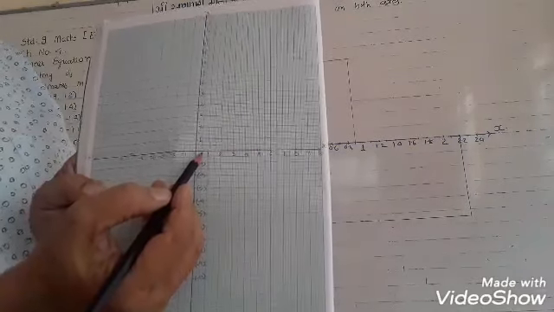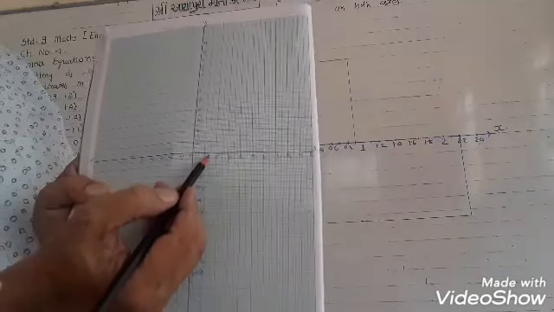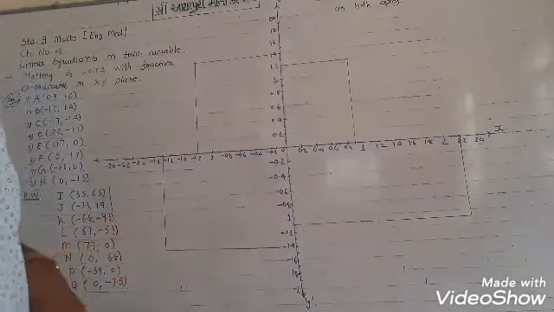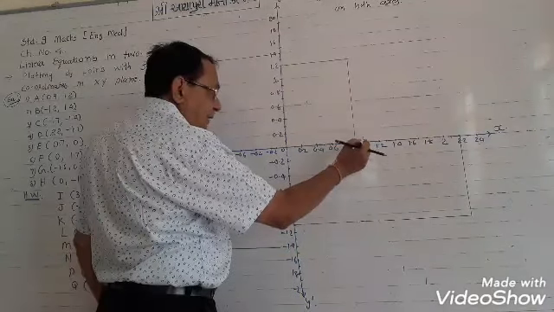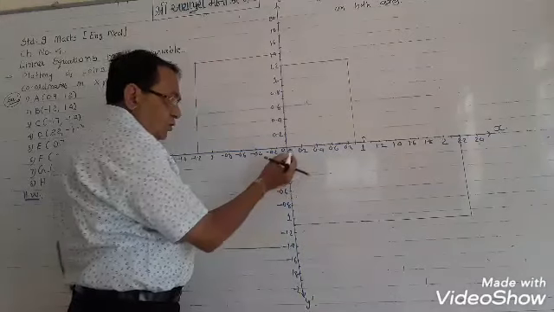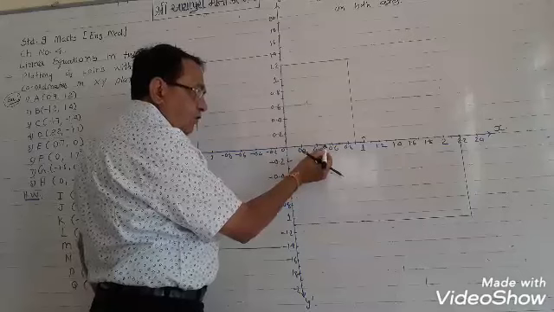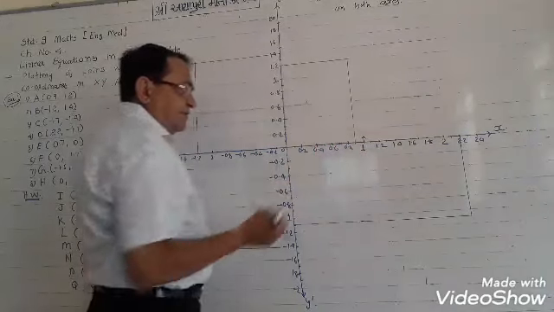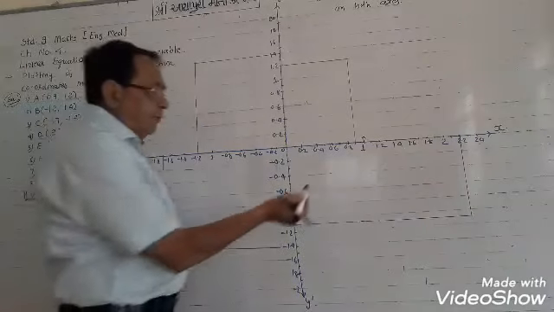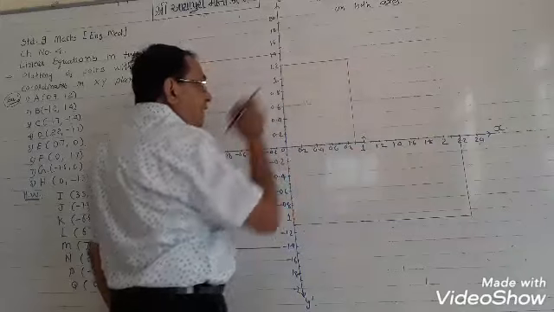That dark line is 0.5, the middle, then 0.6, 0.7, 0.8, 0.9 and 1. I have enlarged this; that is my 1 centimeter. So at 0.9 I will draw the vertical line.